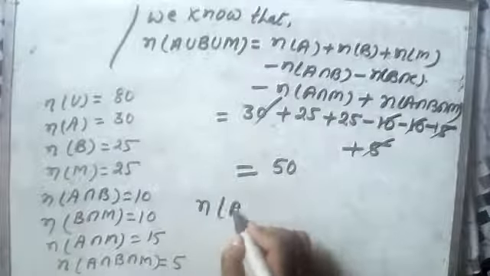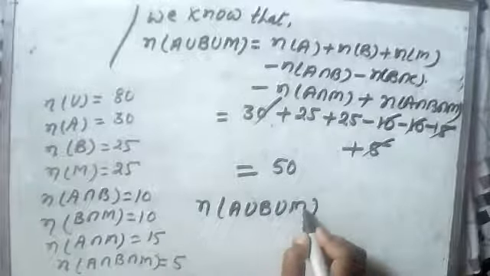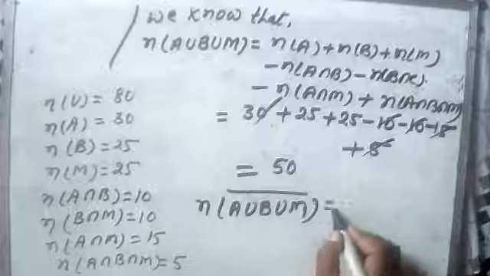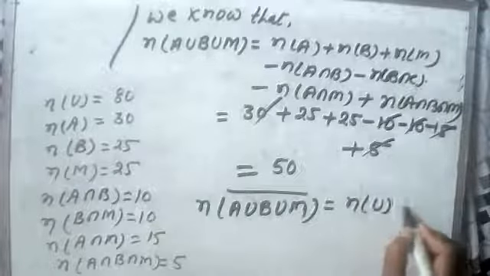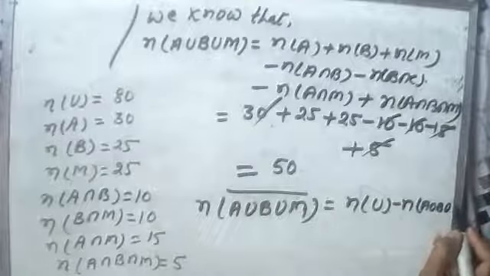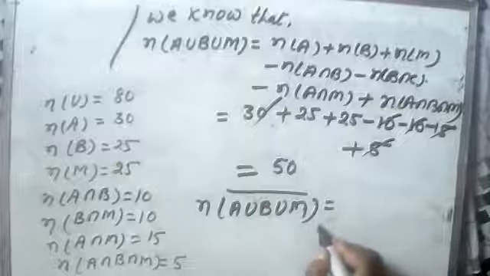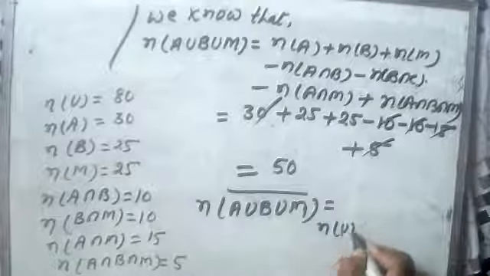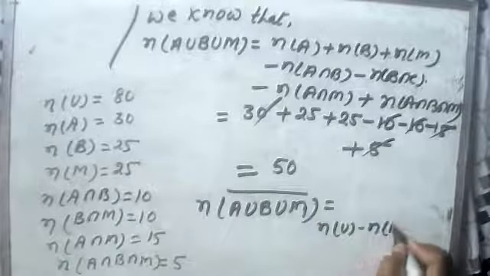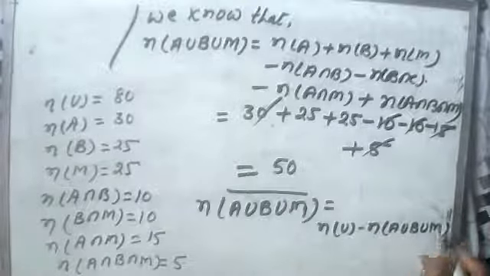Now N of (A union B union M) complement is N(U) minus N(A union B union M).